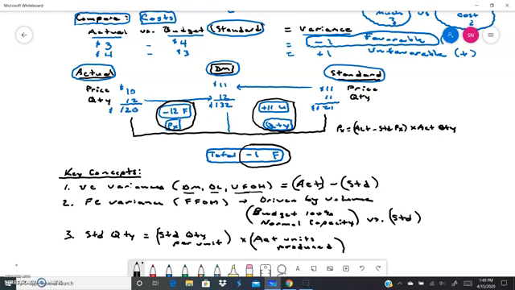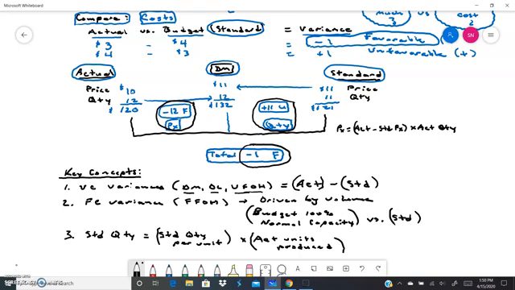And third, whenever we're talking about standard quantity, if that's not a given number, what we're really looking at is the standard quantity per unit times the actual units produced. So in other words, if it takes 2 hours to make each unit and we make 1,000 units, then our standard quantity is going to be 2,000 hours.